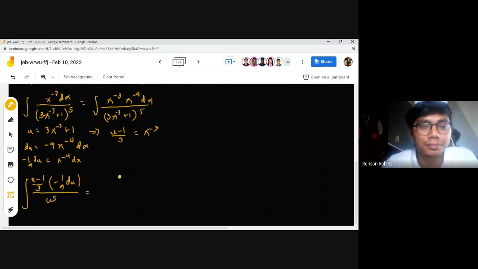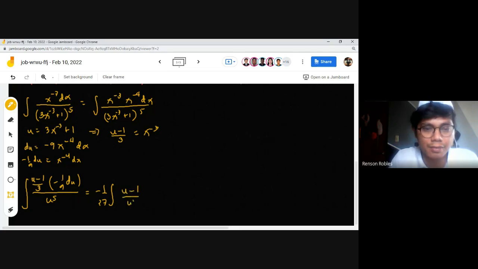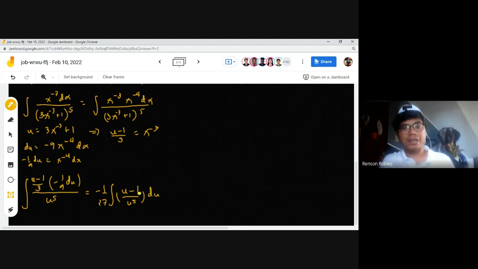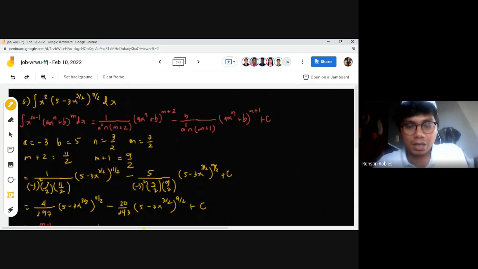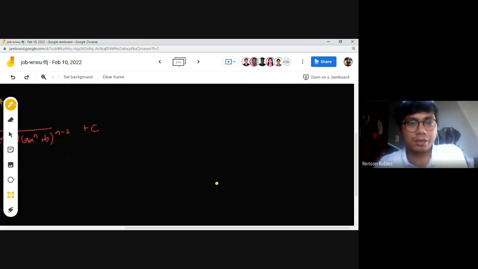And then you just multiply negative 1 over 9 times 1/3, so negative 1 over 27, integral of u minus 1 all over u to the 5 that is left on the integral. And then we will simplify this. So u over u to the 5 minus 1 over u to the 5, times negative 1 over 27. And simplify. Why is my writing so big now?